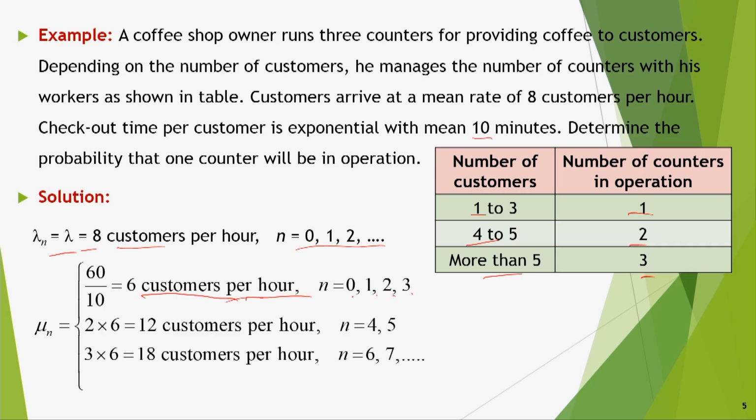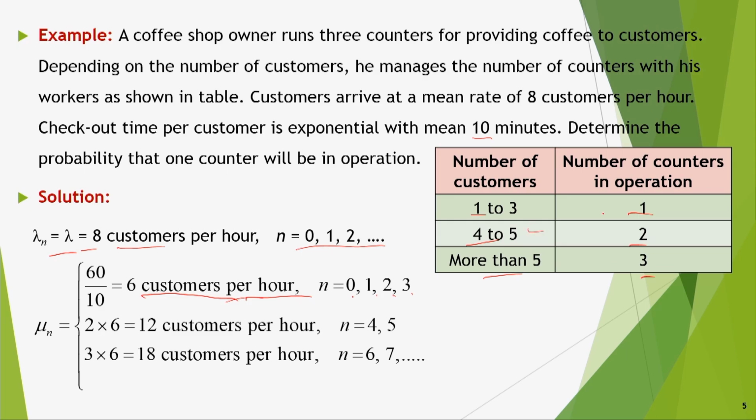N is equal to 0, of course, has no meaning, but even then you have to say that n is equal to 0, 1, 2, 3. But what happens if the customers are more than 3? That means there are 4 or 5 customers in the system. Then the service rate will be doubled, because now he will open the other counter also.